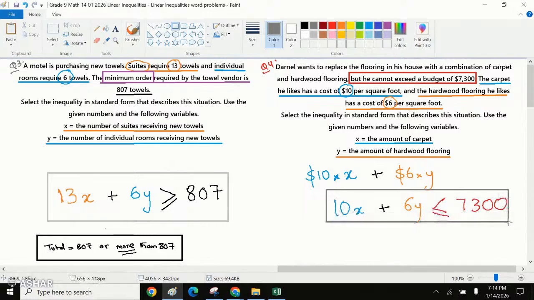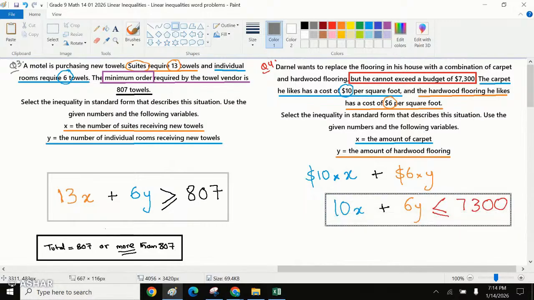Okay, let's read the statement again. X is the length of carpet he bought, multiplied by 10. That is the cost of the carpet. 6y will give us the cost of hardwood flooring, right? But the cost of the entirety of this carpet and the hardwood flooring cannot exceed 7,300.